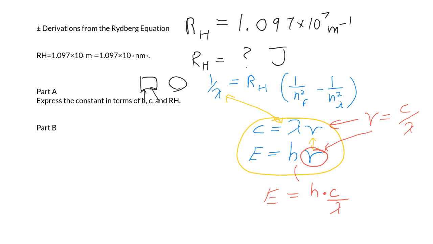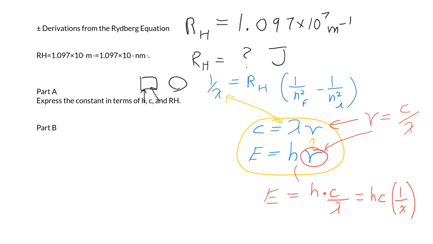Hey, I've got an inverse wavelength. Let's make it abundantly clear. Energy is equal to Planck's constant times the speed of light times, because we're dividing by wavelength, we're really multiplying by the inverse, right?